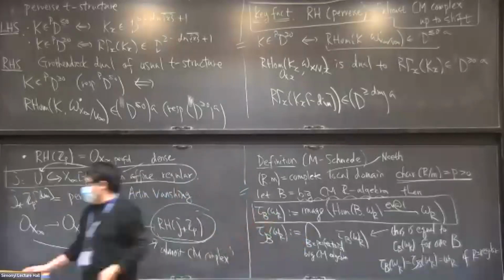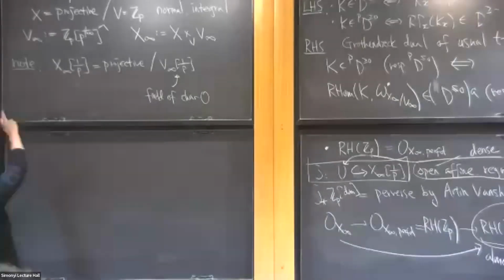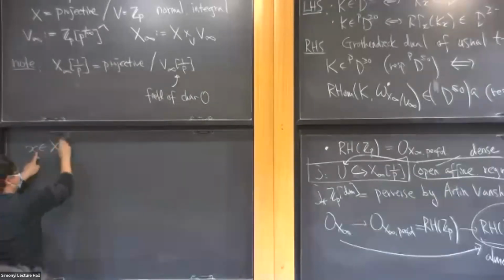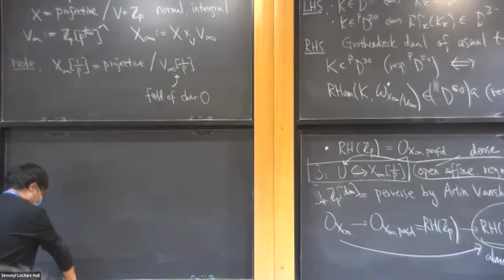Under the same setup, if you take a point on the generic fiber, it turns out this object exactly agrees with the multiplier ideal.